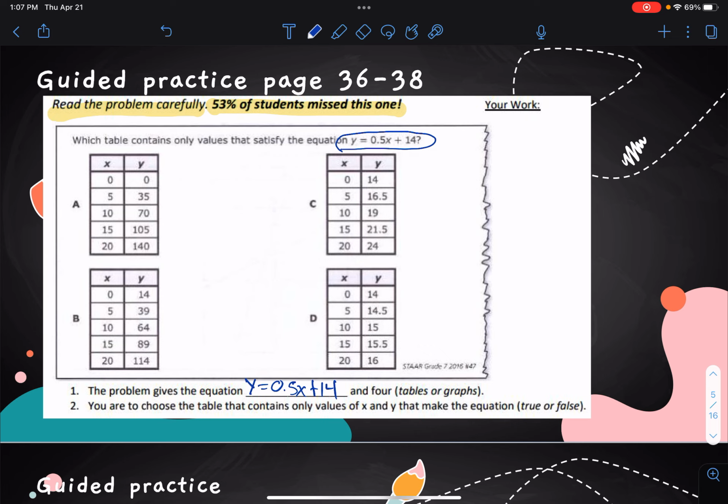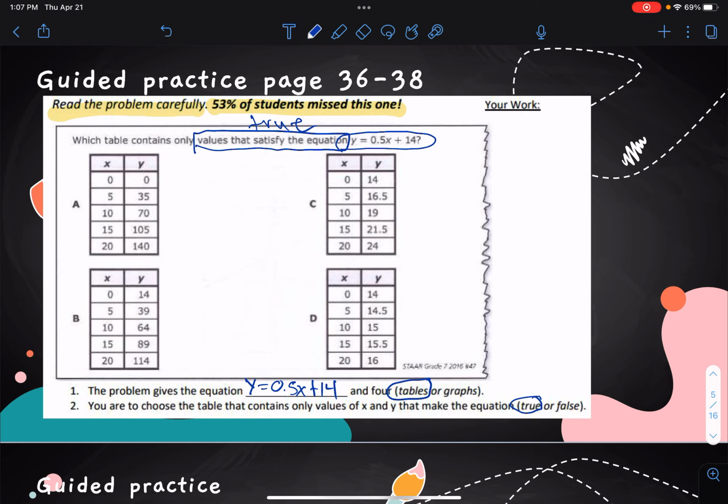And are our answer choices tables or graphs? Tables is correct. You are to choose a table that contains only values of x and y that make the equation true or false. So are we looking for values that make the equation true or false? It says values that satisfy the equation, so we're looking for true statements.